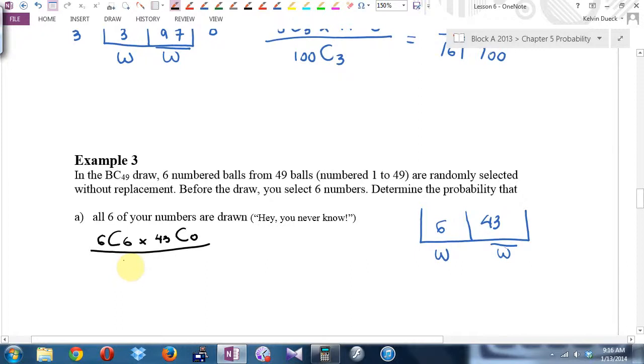Over 49 choose... This one I want as a decimal. Oh, actually, no. Let's leave it as a fraction, because I think the top, 6 choose 6, 43 choose 0, is 1. Sorry, that's a 6. I think this is 1 over 49 choose 6.